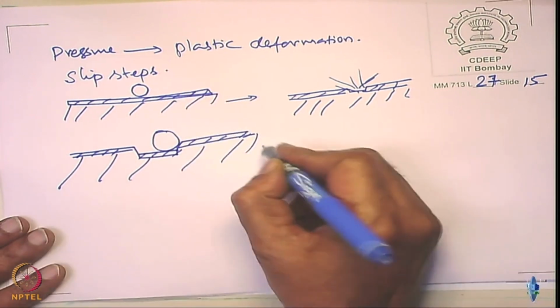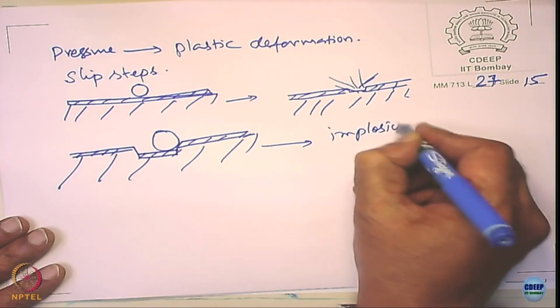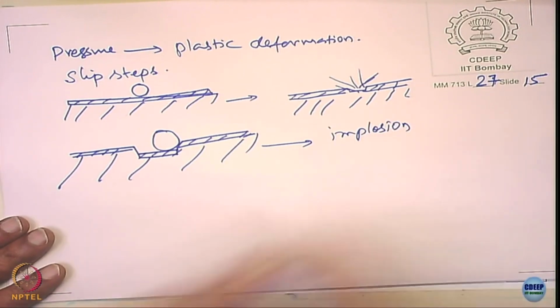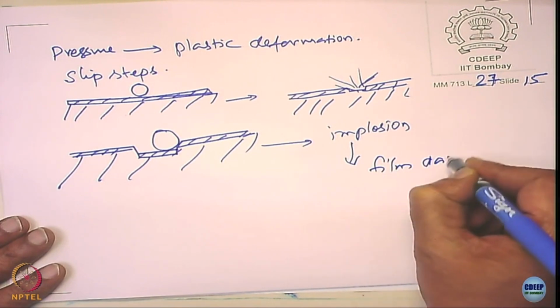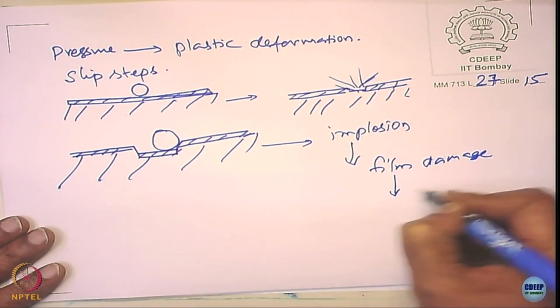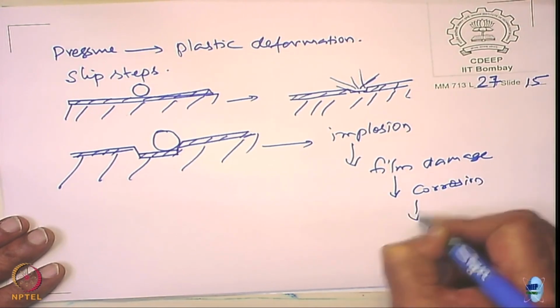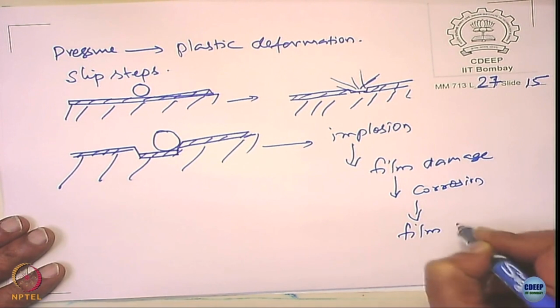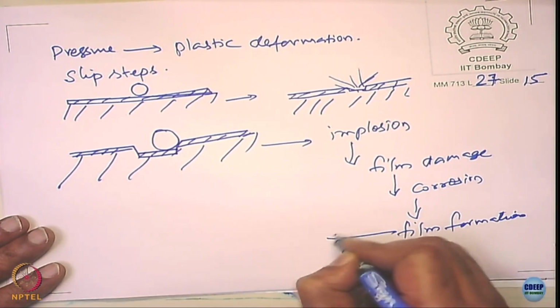Then what happens? Then again implosion, film damage. Then there is going to be again corrosion, film formation. Then it starts again, right?